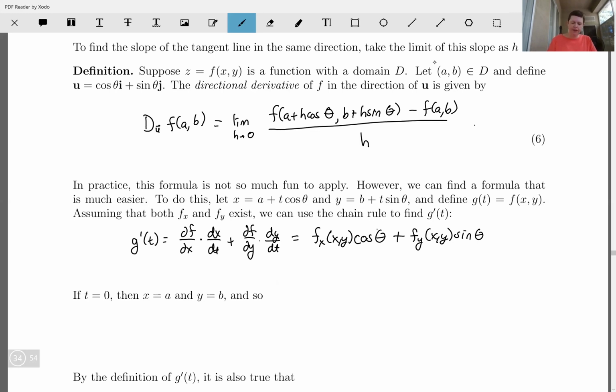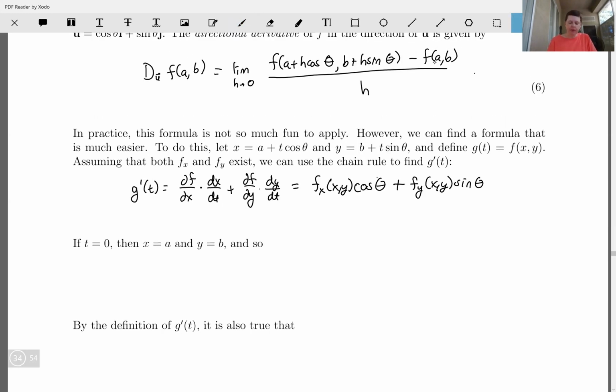If t is equal to 0, then x is equal to a and y is equal to b. And so we get that g prime of 0 is going to be the partial of f with respect to x at our point (a, b) times cosine theta plus the partial of f with respect to y, again at our point (a, b), times sine theta.